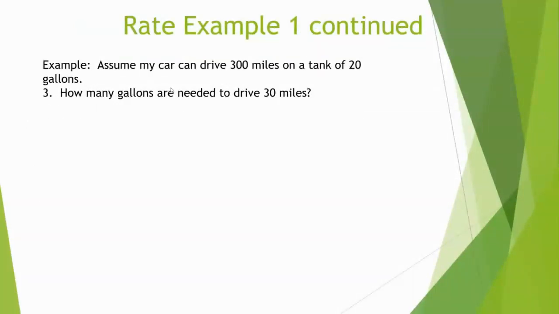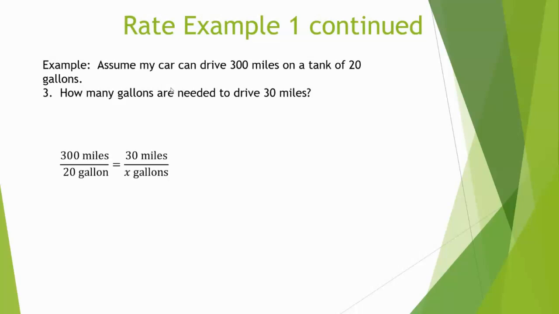Okay, so here's number 3. We want to know how many gallons are needed to drive 30 miles. We can solve this using proportions. Before, the unknown was how many miles we went. Here, the unknown is the number of gallons of gasoline. In other words, we have this.